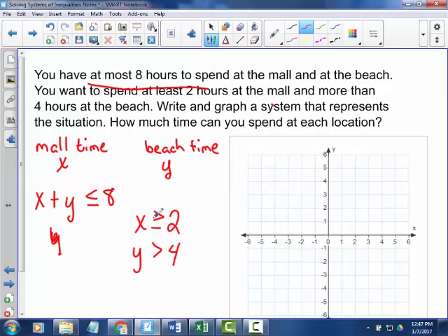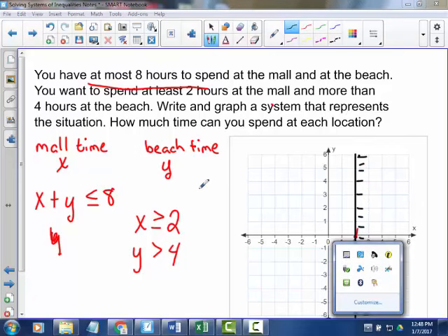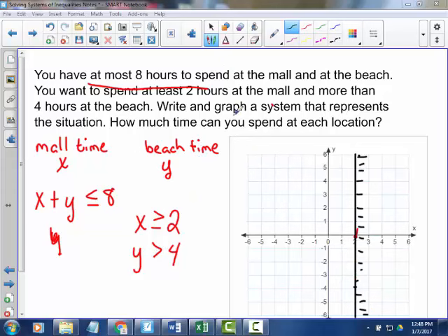All right, so X is greater than or equal to 2 would be a vertical line here at 2. It's going to be solid because it's greater than or equal to. And my shading will be to the right because that's where it's greater than. Okay, and then Y is greater than 4, so that's a horizontal line here at 4.